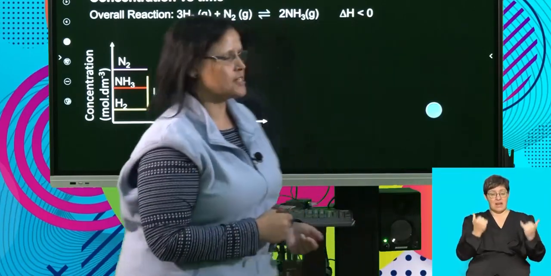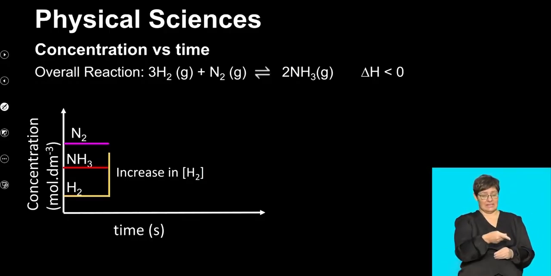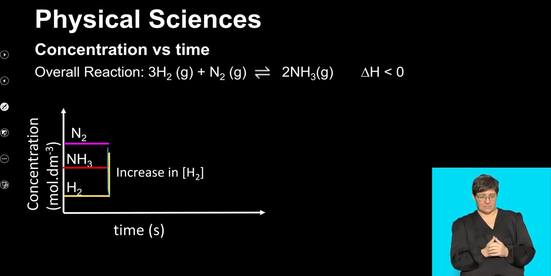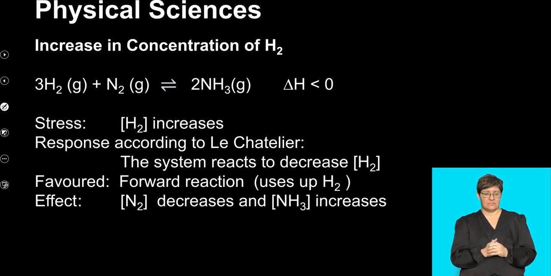Then comes the disturbance. And what is the disturbance? An increase in hydrogen. So our hydrogen concentration increases. So what will happen to the rest of the system? Let's see what the graph shows us.